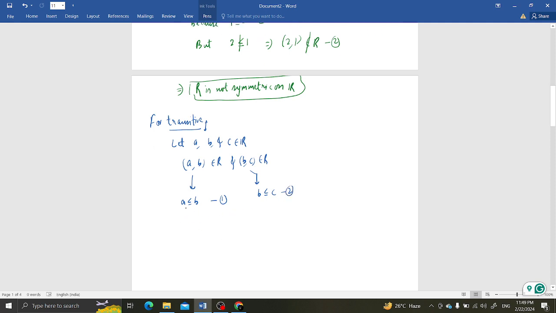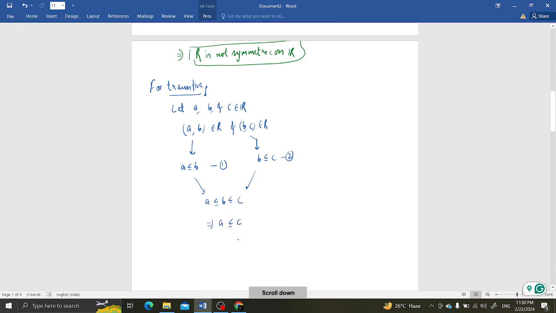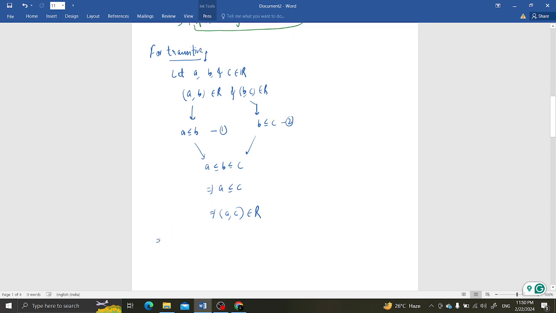If we combine both of them, we get a less than or equal to b less than or equal to c. So this implies a is less than or equal to c, and then (a, c) belongs to relation R. So in general we are proving this, and here R is transitive on A equal to the set of real numbers.